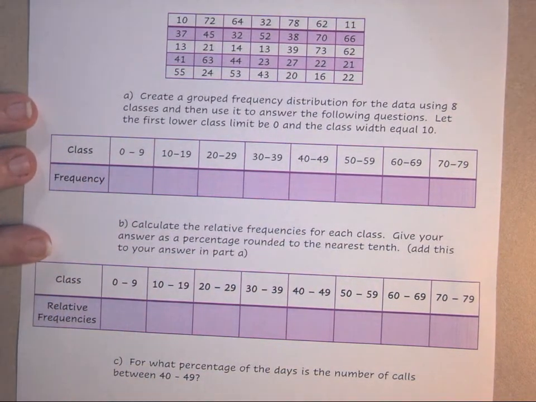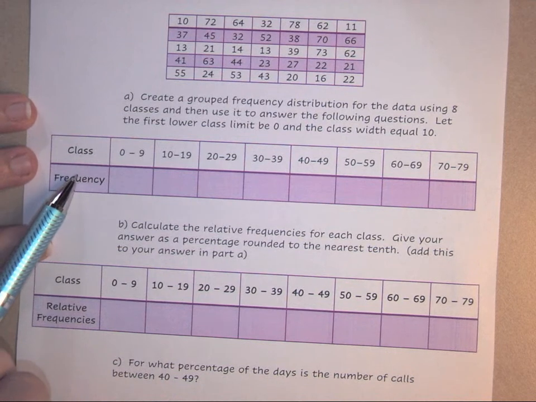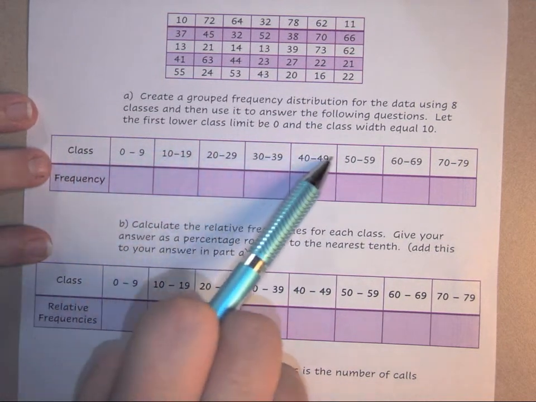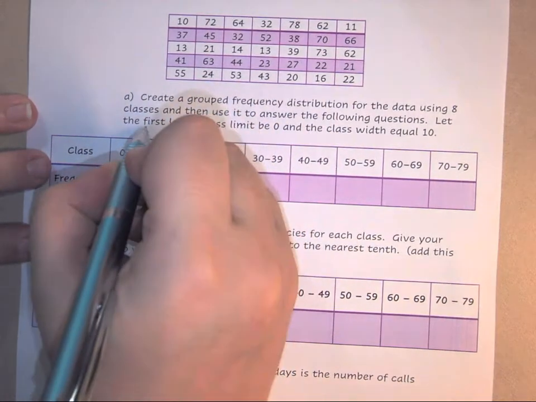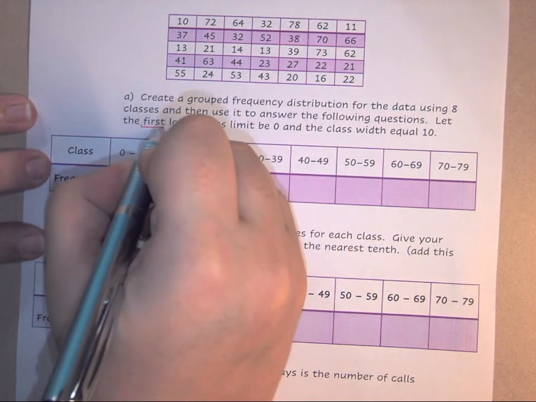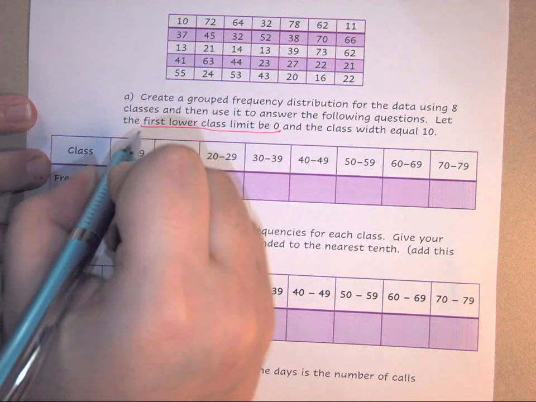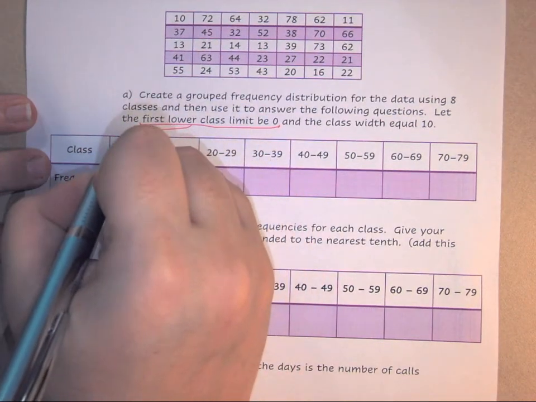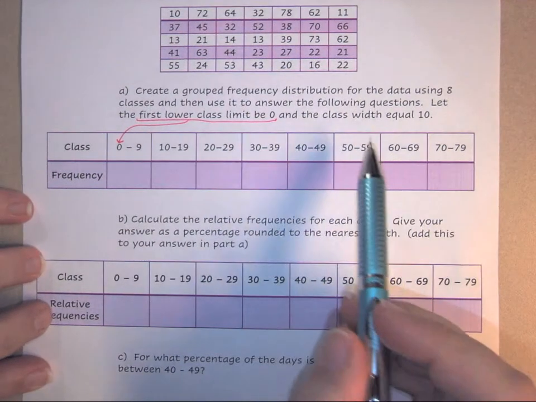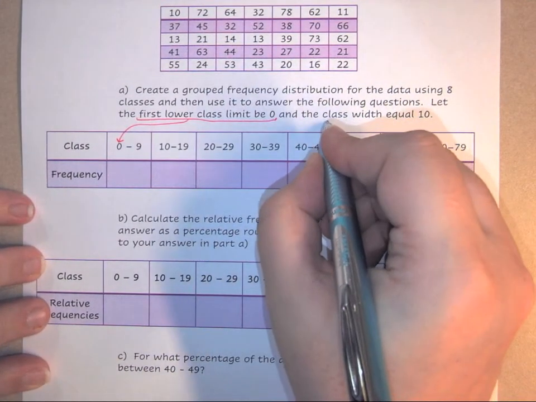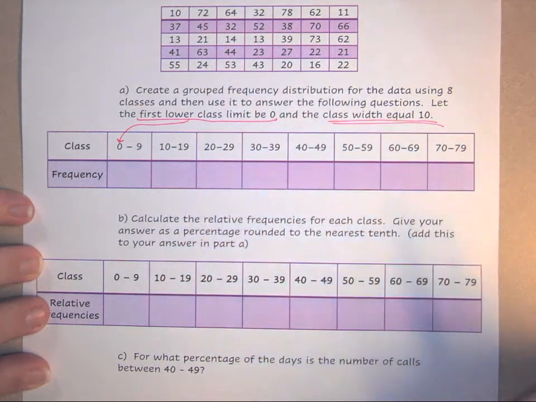So the way you set it up is you have class and you have frequency. And when you're talking about classes, you'll use the information provided. So we are told that the first lower class must be 0. So if we look, that's exactly what's listed here, 0. We are then also told that the class width is 10.